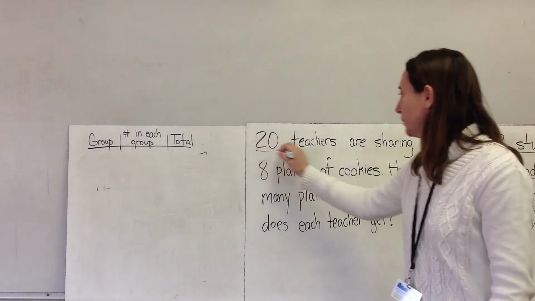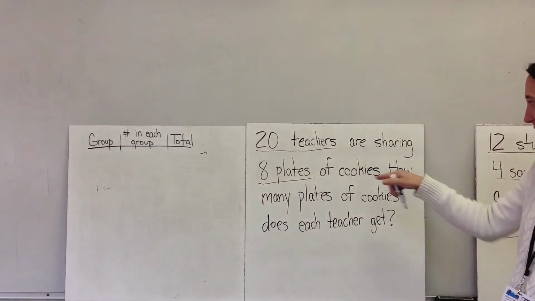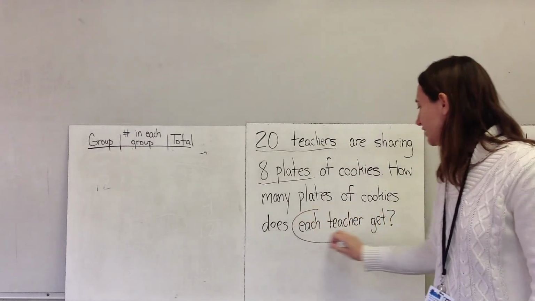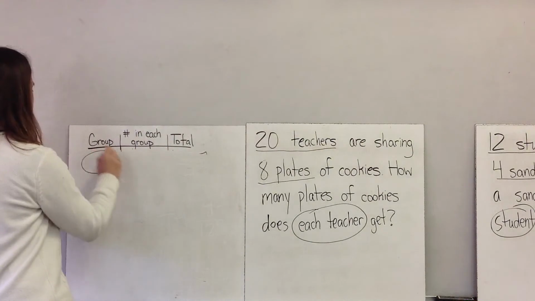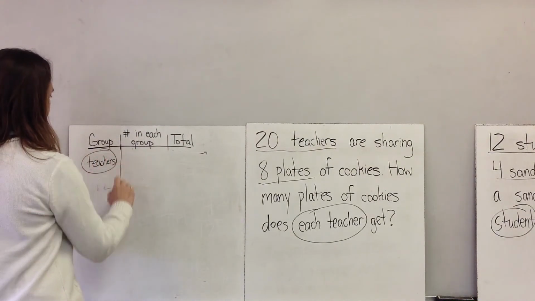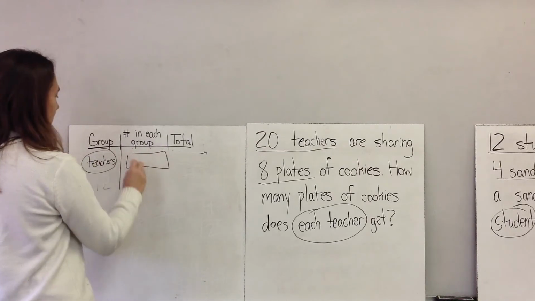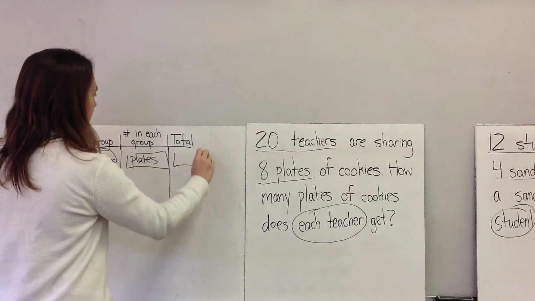So let's underline 20 teachers, 8 plates of cookies. How many plates of cookies does each teacher get? So in this case, our group is going to be teachers. Our number in each group is going to be, we could say plates of cookies. I'm just going to write plates.